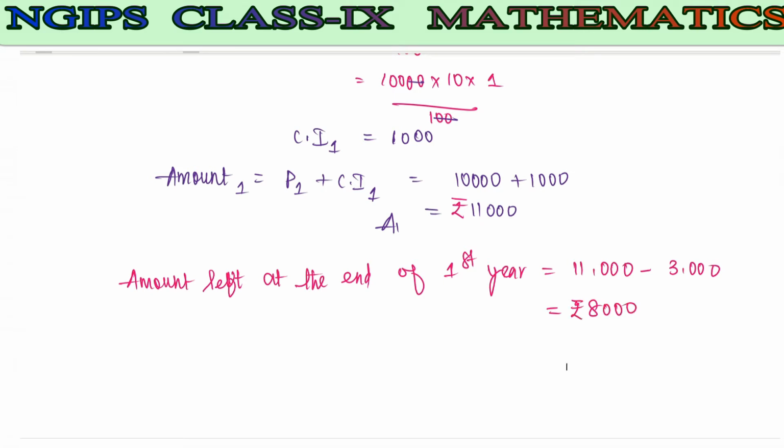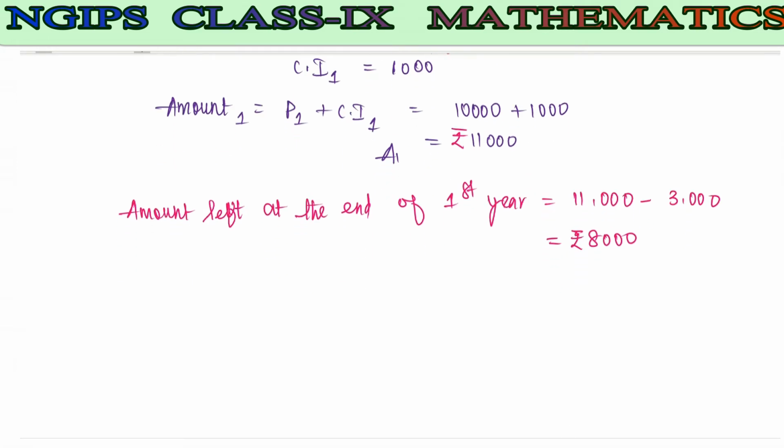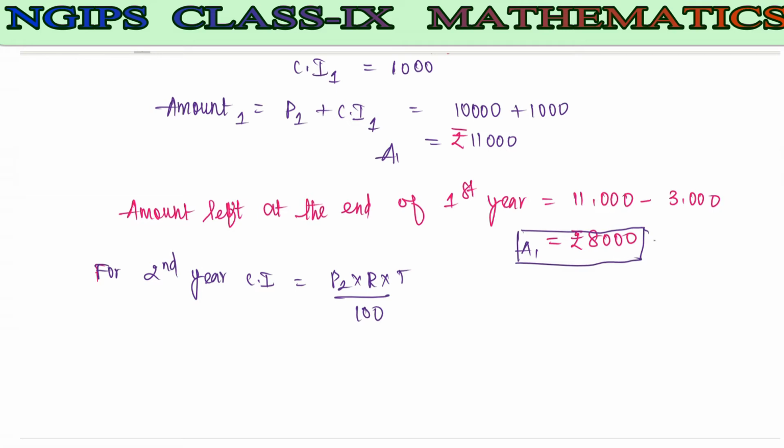Now I am going to calculate for the second year. For the second year, compound interest is equal to P2 into R into time divided by 100. So this first year amount is going to be carried forward as the second year principal.